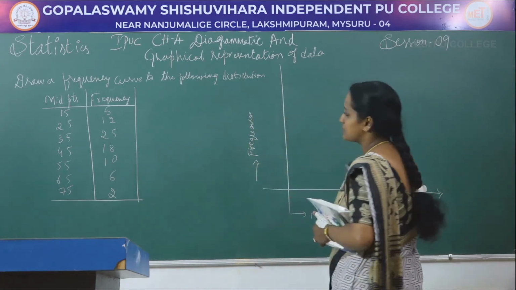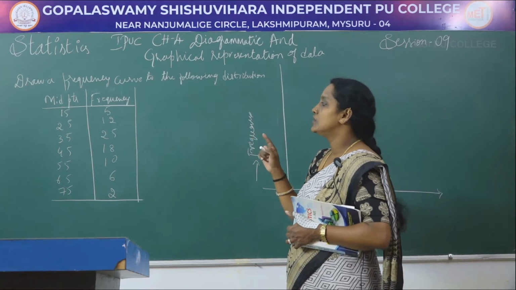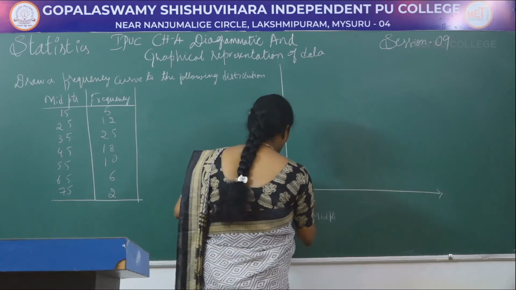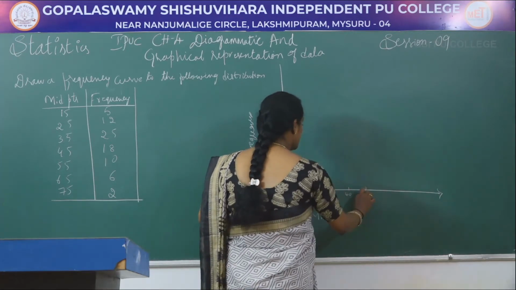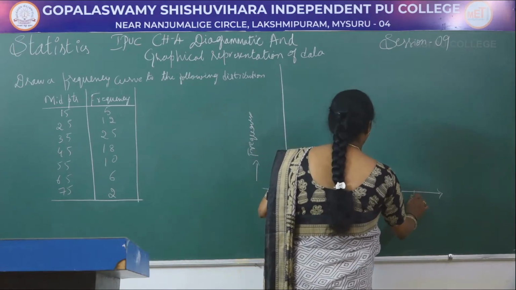So in x-axis we have to take the midpoints. Already it starts from 15, 25, 35, 45 like that. So I'll start from 0, 10, 20, 30, 40, 50, 60, 70, 80.